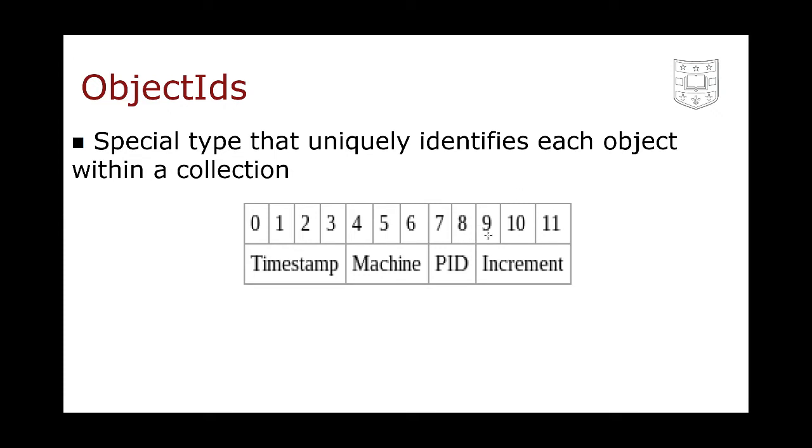And I still need some way to distinguish between the data that is manipulated by those threads. So we're really seeing the various degrees of parallelism as we go down this object ID, right? That's really why this object ID is structured the way that it is. It's showing us the different degrees of concurrency that we can expect within our Mongo database. So we don't get to pick these.